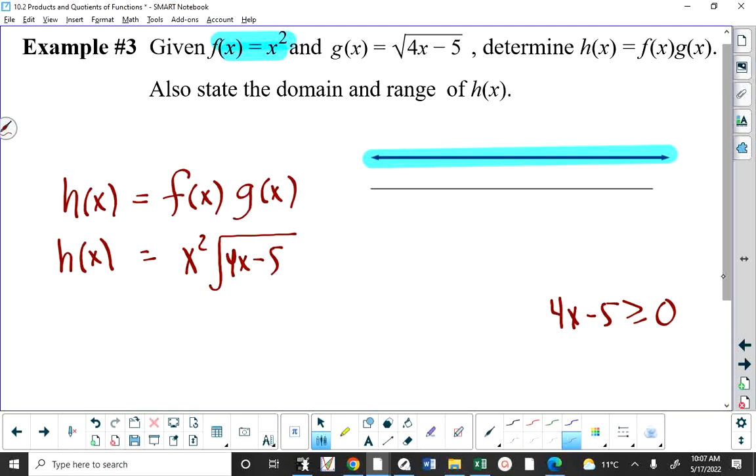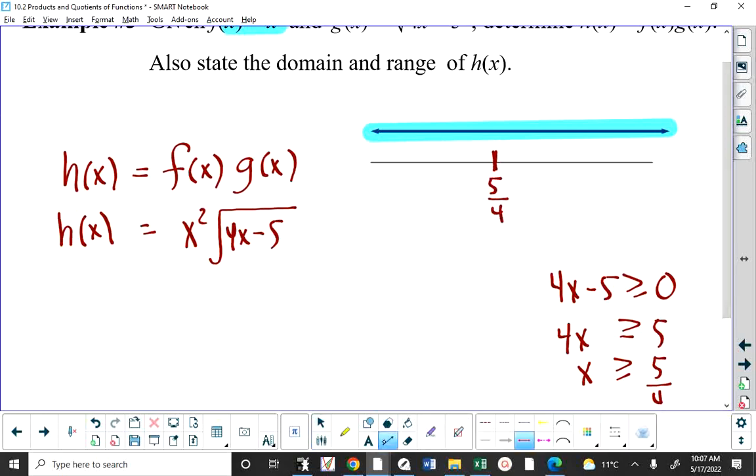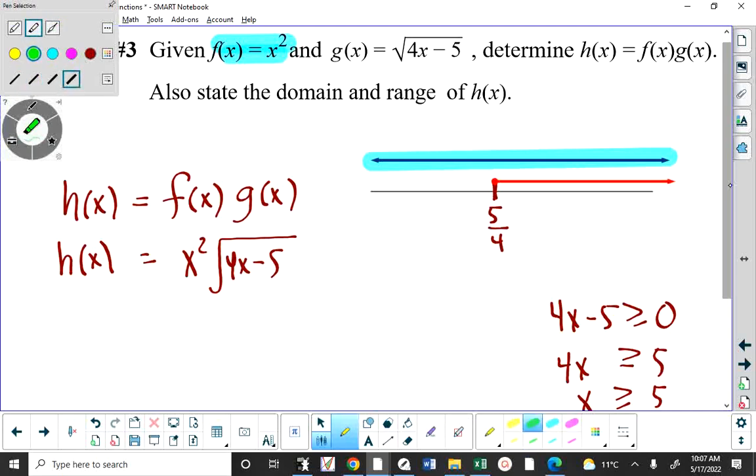We solve that by adding 5 to both sides and getting 4x must be greater than or equal to 5, which means x must be greater than or equal to 5/4. So there's some mark on here of 5 over 4. And this is the domain of G. So G of x has this for a domain.